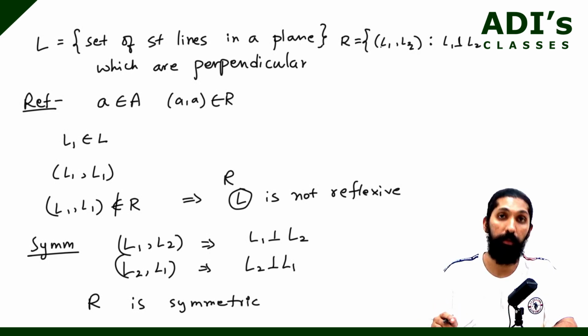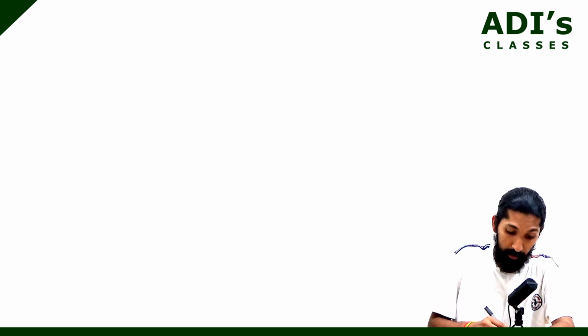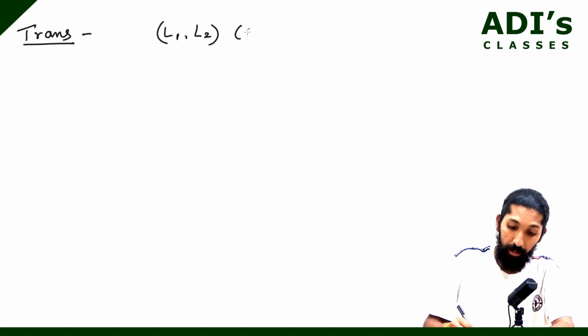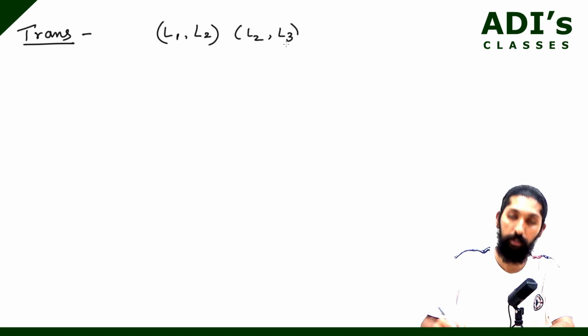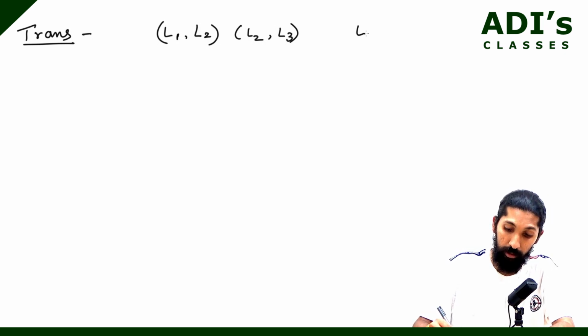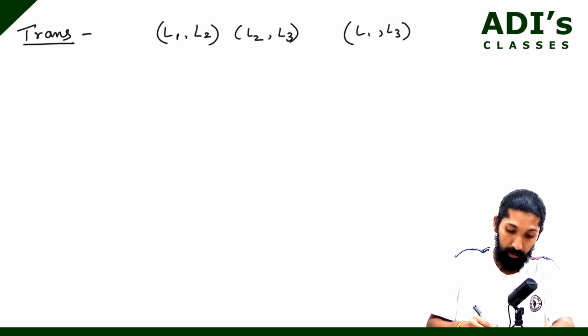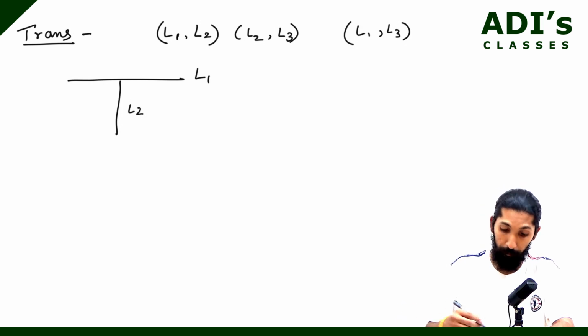The last one is transitive. See what we have for transitive now. If L1 is perpendicular to L2 and L2 is perpendicular to L3, we need to check if L1 is perpendicular to L3 or not. Logically think, is it possible? Think of it like this. Say this is L1, perpendicular to it is L2, and perpendicular to L2 is L3.